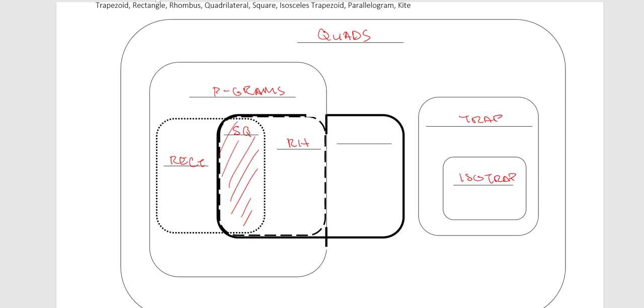And then the one last thing here is that a kite is sometimes a parallelogram and sometimes it's not. So that's why it's out here. But when it's a square, because a square is a kite and a rhombus is a kite, then it would be inside the parallelogram box. That's when a kite would be a parallelogram.